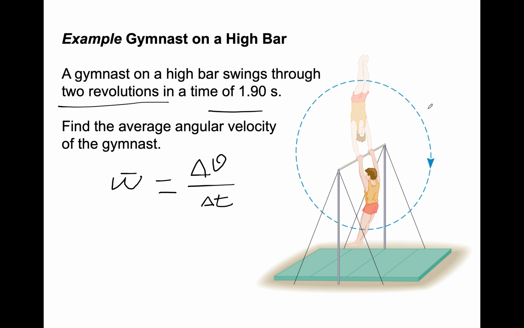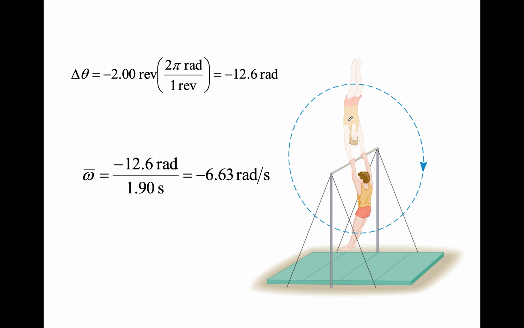That means 2 complete circles. If the gymnast does 2 revolutions, what is the angular displacement? 2 times 2 pi, because 1 revolution is 2 pi radians.